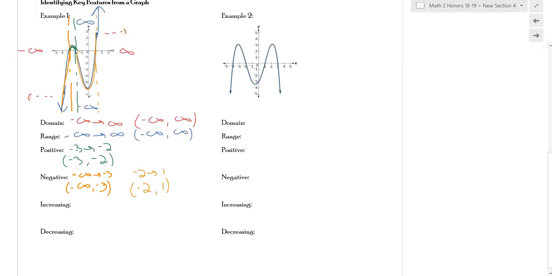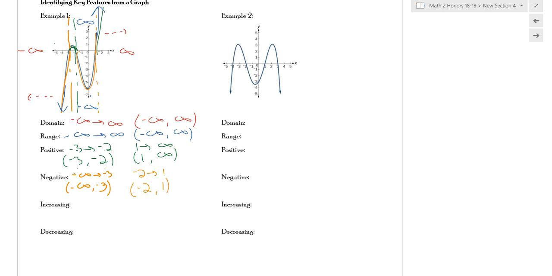And then there is no more, so it's just our last part. It's on this side, it starts at 1 and goes to infinity. So I don't just answer the positive and then answer the negative. I usually break it into those pieces and answer both as I go along.